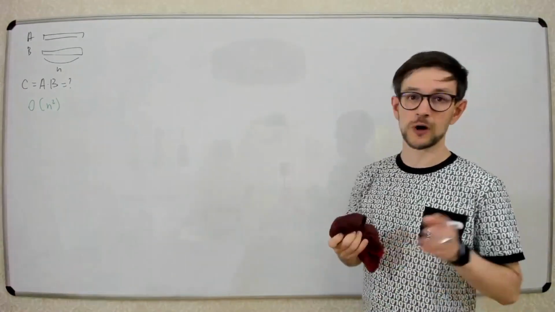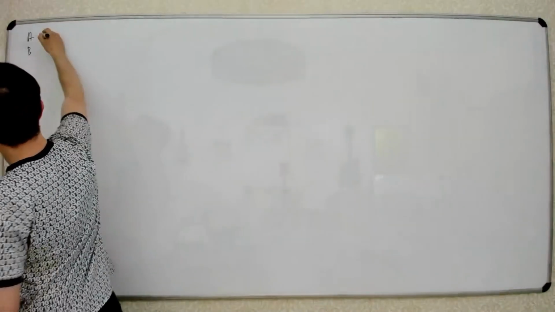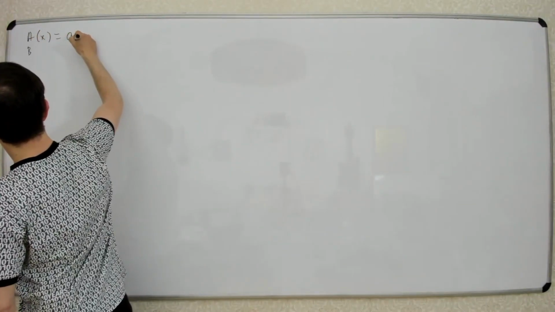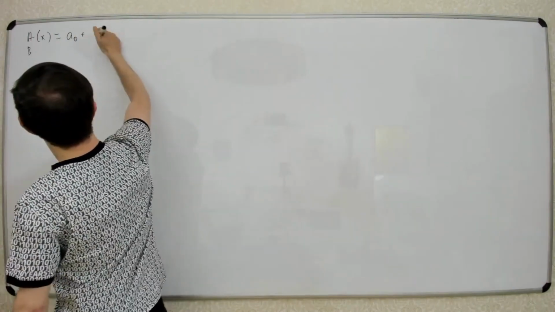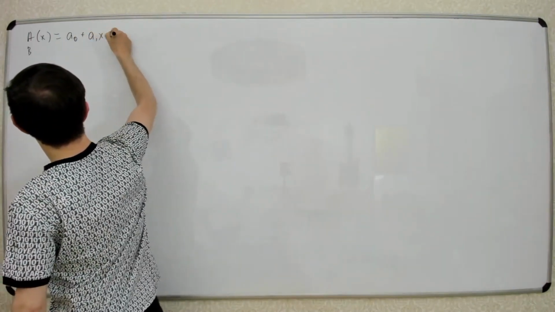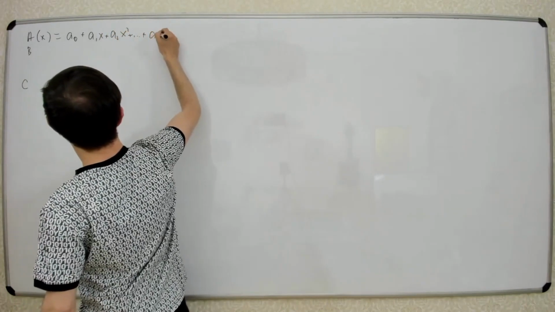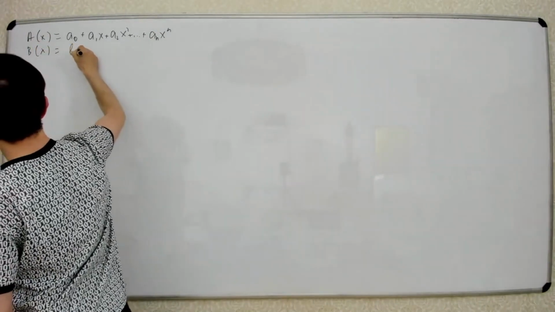So let's say you have two polynomials of size n. So you have polynomial a of x, something like let's say a0 plus a1x plus a2x squared plus and so on plus anx power n, and polynomial b, let's say of the same size.